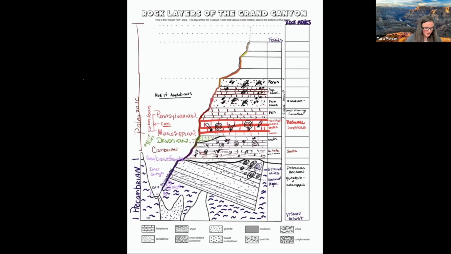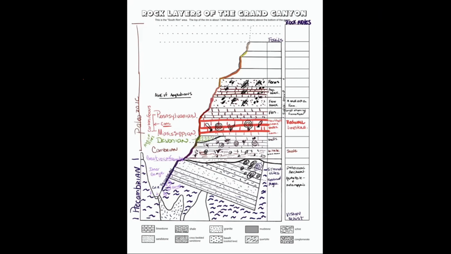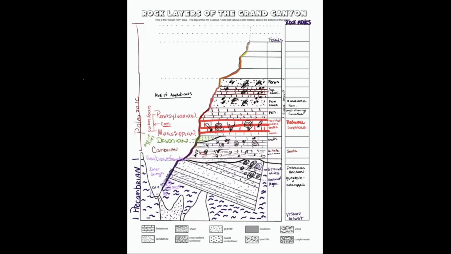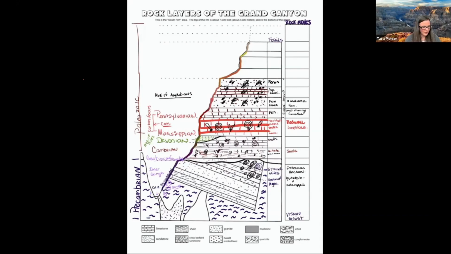Our next layer of our Supai group will be the Manakacha. Well, you guys pronounce it. Manakacha. That's right. That layer of rock is called the Manakacha formation.